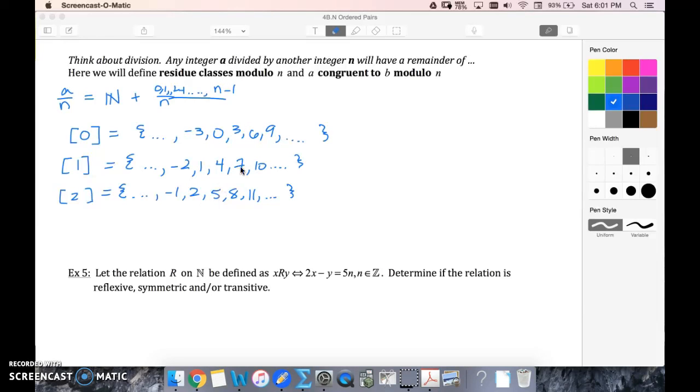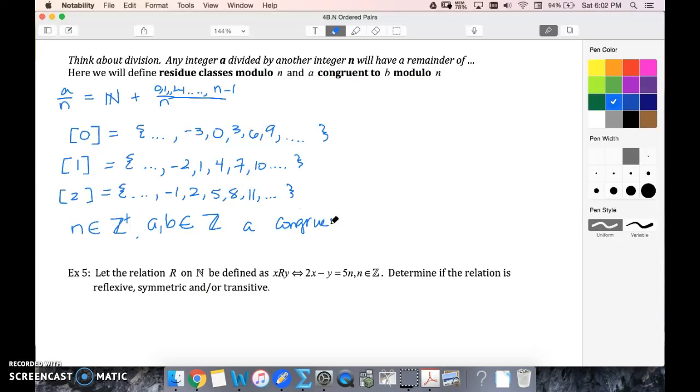Okay, so let's go ahead and define A congruent to B modulo n. Here n is an element of positive integers. We wouldn't want to say natural numbers because we're not including 0. A and B are elements of integers. So we say that A is congruent to B modulo n.